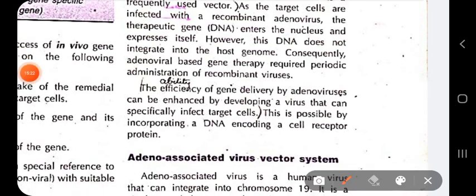Now the ability or the efficiency of gene delivery by adenovirus can be enhanced by developing a virus that specifically infects the target cells. The main thing is that if I want this adenovirus to be targeted among the other target cells as well, we need some helper virus.